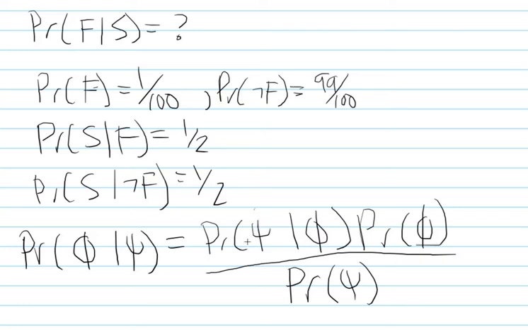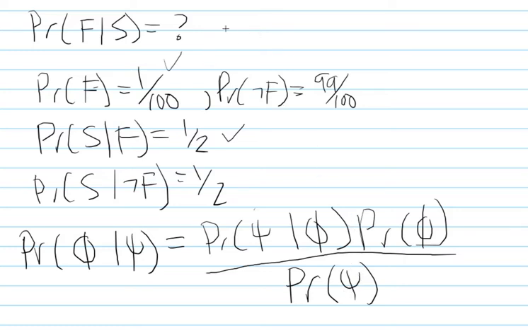So what this means is that in the numerator, we'll have the probability of S given F times the probability of F, and we have those two things. So we have this, and we have this. So we have the numerator. But if you look, we're actually not told directly by the question what the denominator is, the probability of S. So there's something more we have to do.